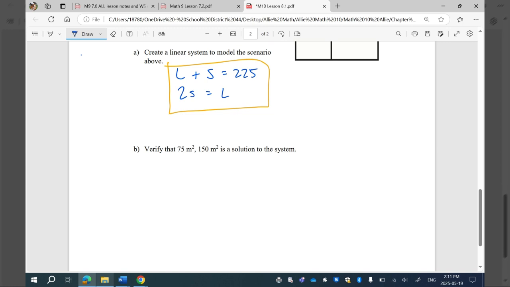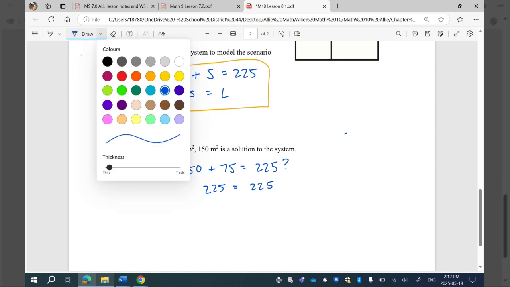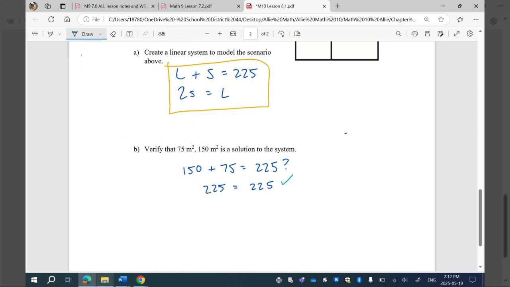So is it true that 150, our large lot, plus our small lot, 75, equals 225? Is that true? And yes, indeed, it is true that 225 equals 225. So yes, that works for our first one.